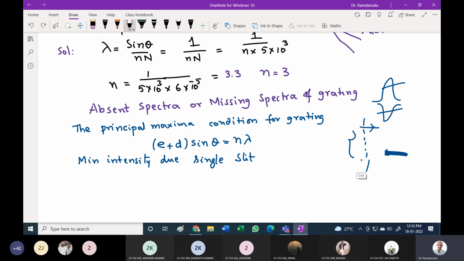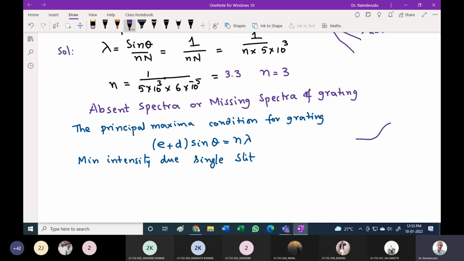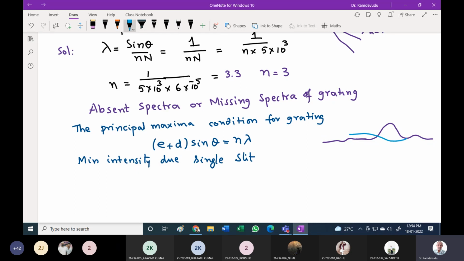What actually happens is, suppose I take the grating spectra, formed by something like this: this is the maximum, and the minima coming like this is from a single slit. But the grating maxima is there, and the minimum of the single slit falls exactly on it.